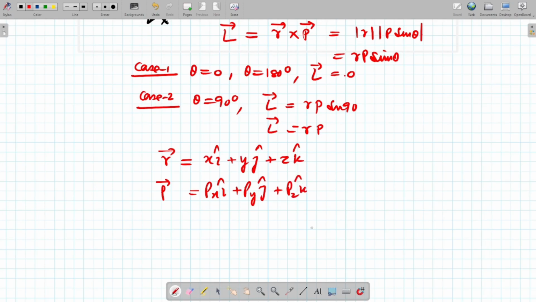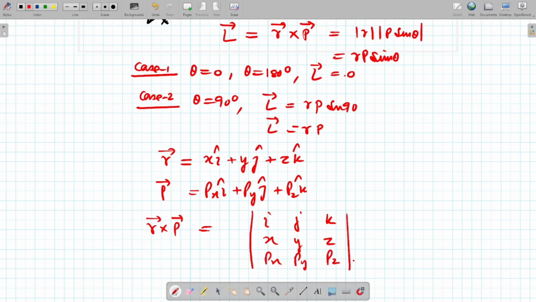Okay, so r cross p can be written as the determinant of i j k, x y z, px py pz in this form, which can actually be represented as Lx i cap, Ly j cap, Lz k cap.